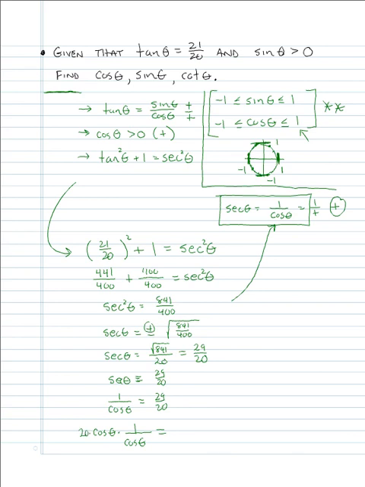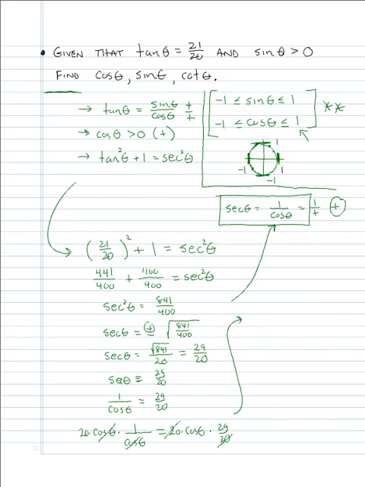Multiply by 20 and by a cosine of theta. There's a little quicker way to do this maybe, but let's understand why we're getting this accomplished. On the left side, the cosine of theta is going to be left over, and on the right side, the 20 is going to be left over. On the right side, the 20s are going to cancel, and we're going to have 29 times the cosine of theta.